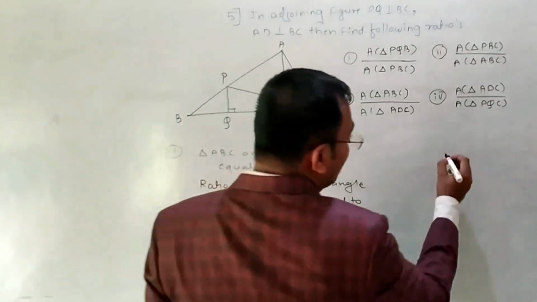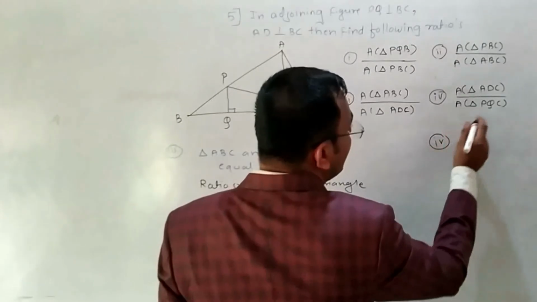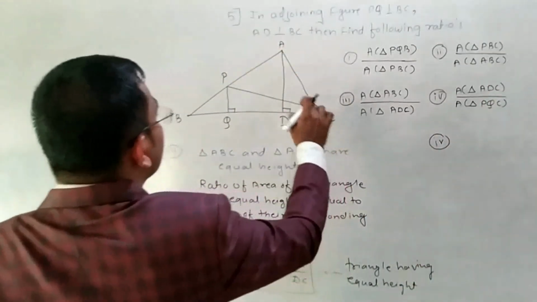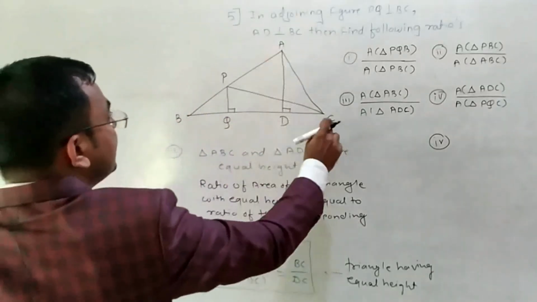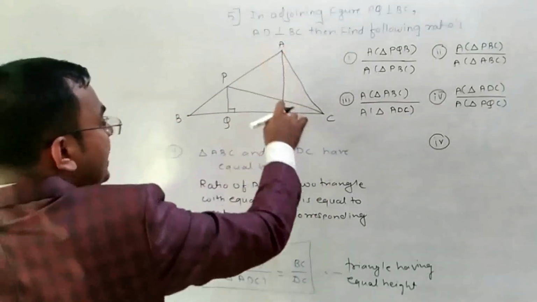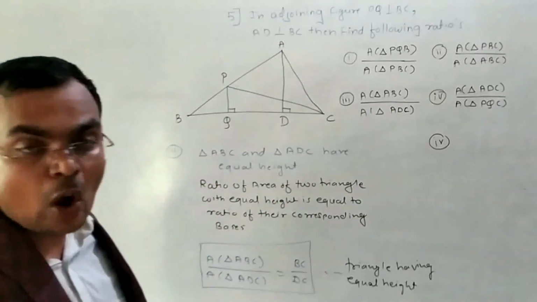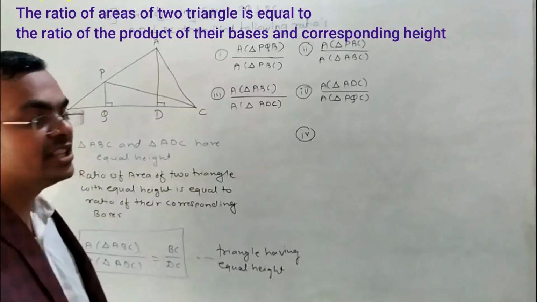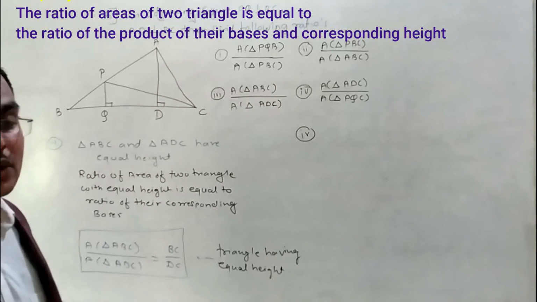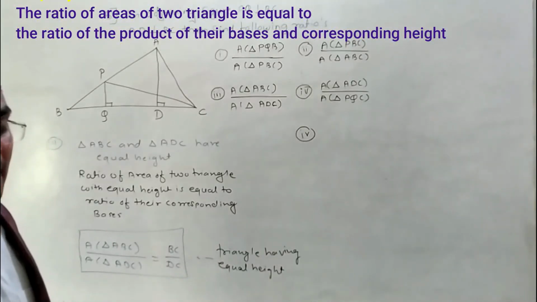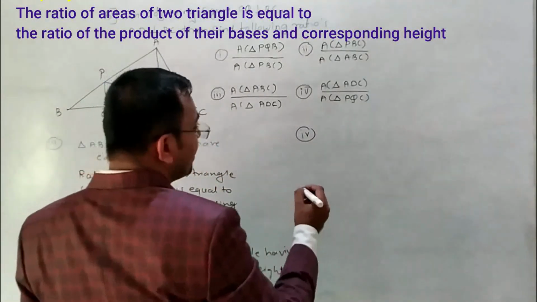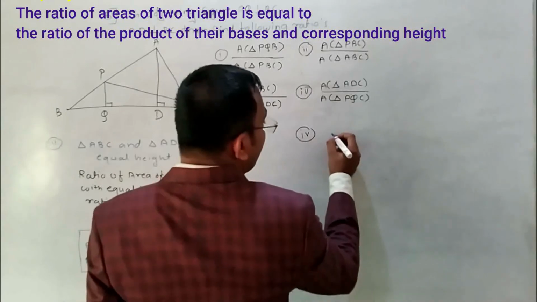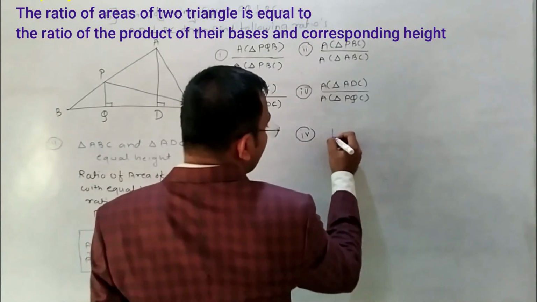Now sub question number 4. Here triangles ADC and PQC. In ADC and PQC there is no common thing, so the ratio of area of two triangles is equal to the ratio of the product of their bases and corresponding height. So by property number 1, what is property number 1?